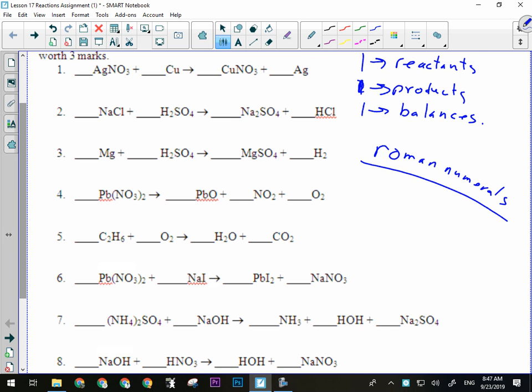Okay, so the tricky balances are 4, for sure, and 6. Okay, 4 and 6 are probably the 2 tricky balances. And for number 4, my suggestion would be to balance nitrogen first.